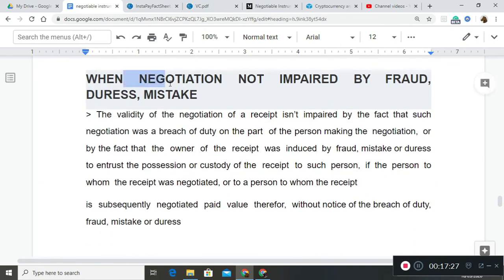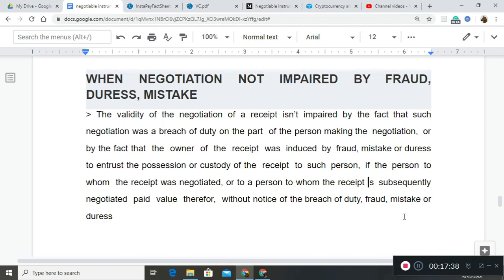When is negotiation not impaired by fraud, duress, or mistake? The validity of the negotiation of the receipt isn't impaired by the fact that such negotiation was a breach of duty on the part of the person making the negotiation, or by the fact that the owner of the receipt was induced by fraud, mistake, or duress to entrust the possession or custody of the receipt to such person, if the person to whom the receipt was negotiated, or the person to whom the receipt is subsequently negotiated, paid value.